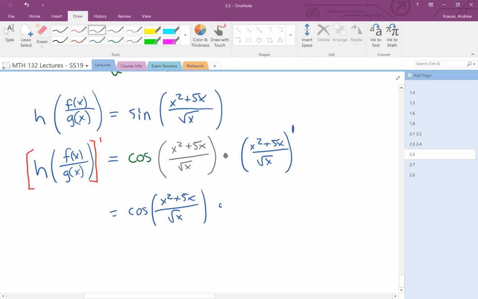And now the derivative of the inside here. Okay. I'm going to do the derivative of the top in red and the derivative of the bottom in green when I write those. So the derivative of the top is 2x plus 5. We're going to multiply that by square root of x.